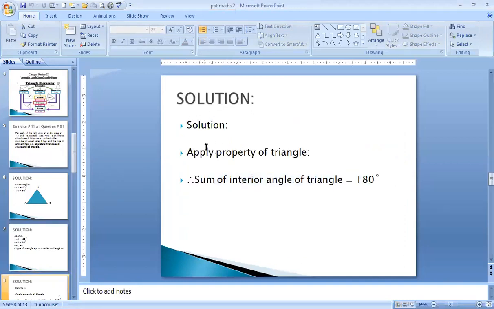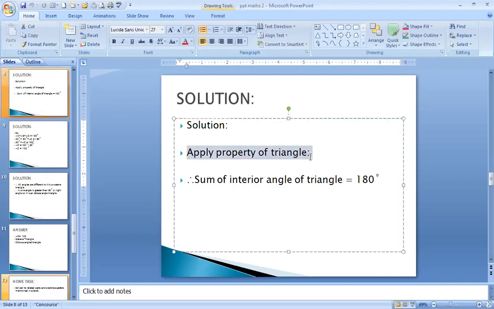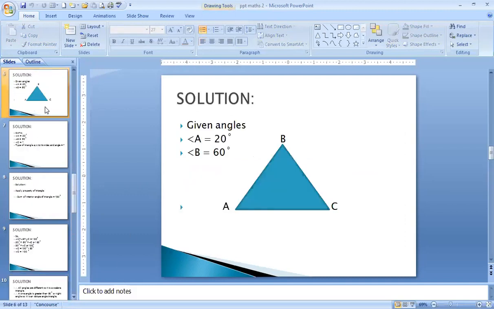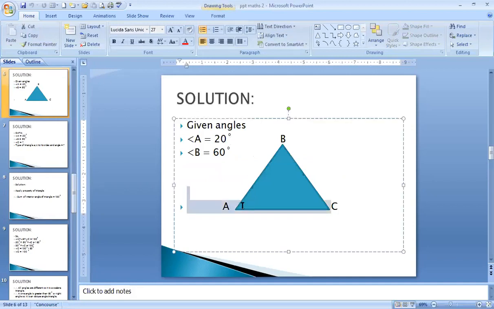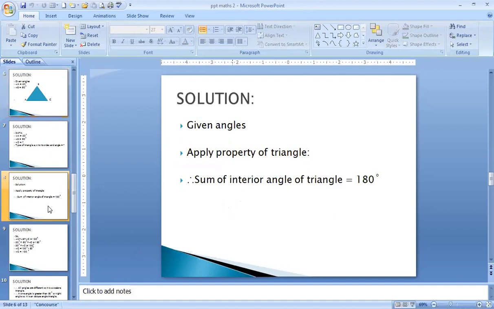Now solve our exercise question by applying this property of a triangle, which says that the sum of interior angles of a triangle equals 180 degrees. And we have three interior angles of this triangle, that is angle A, angle B, and angle C. So we have to sum them according to the property of the triangle, which says that the sum of interior angles of a triangle equals 180 degrees.